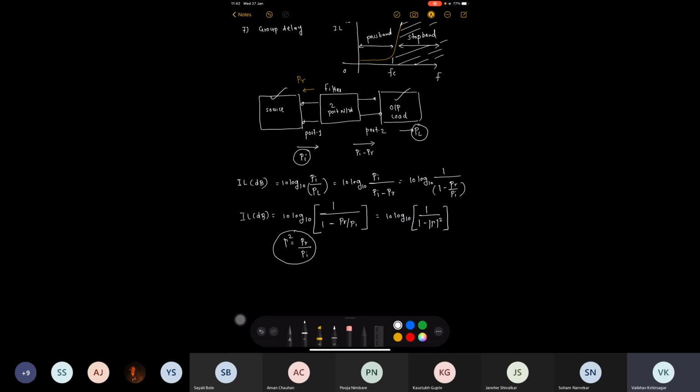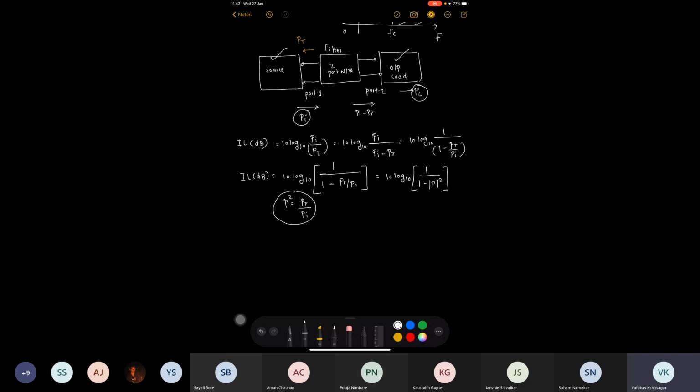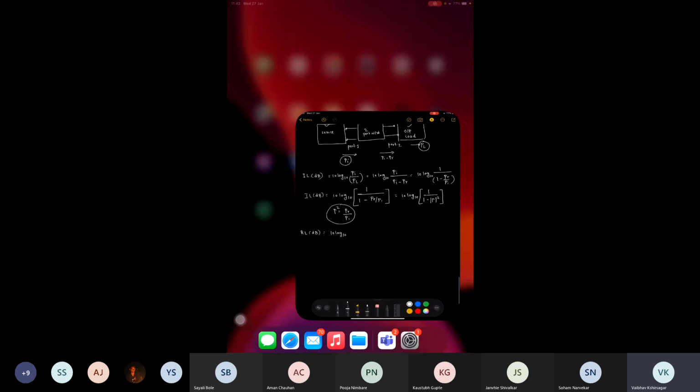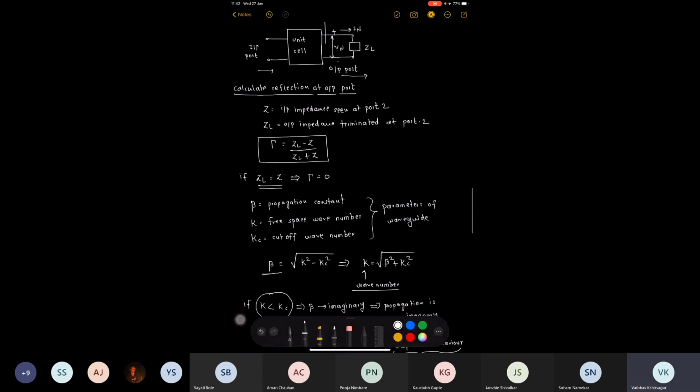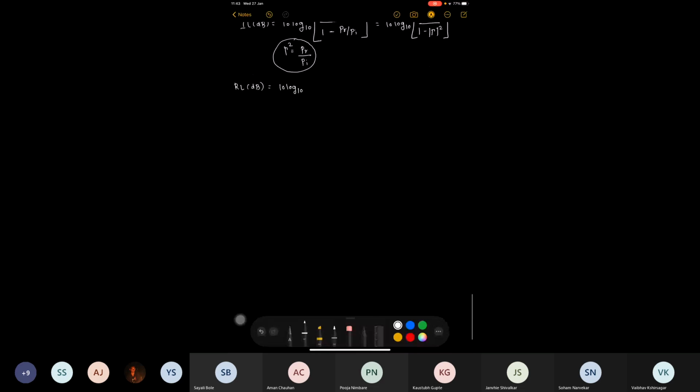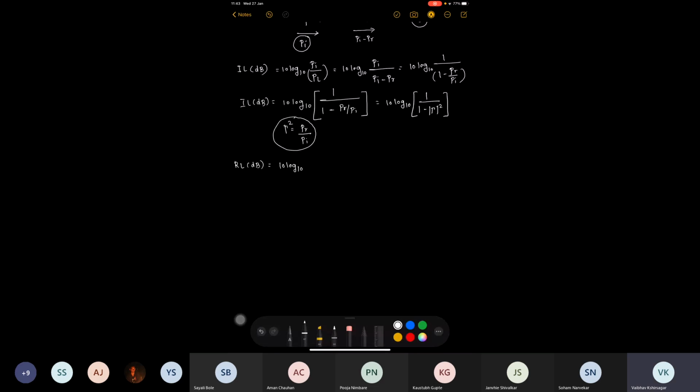So how is the return loss given? Return loss, or we simply call it RL, in decibel. Again, it is represented in terms of a decibel unit. Return loss is given by again a ratio of power, 10 log to the base 10 of Pi upon PR.